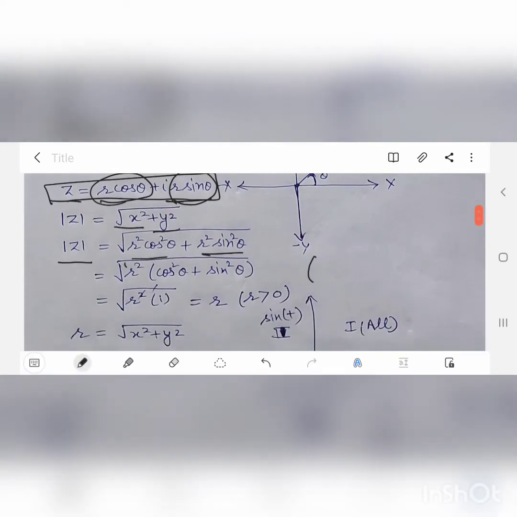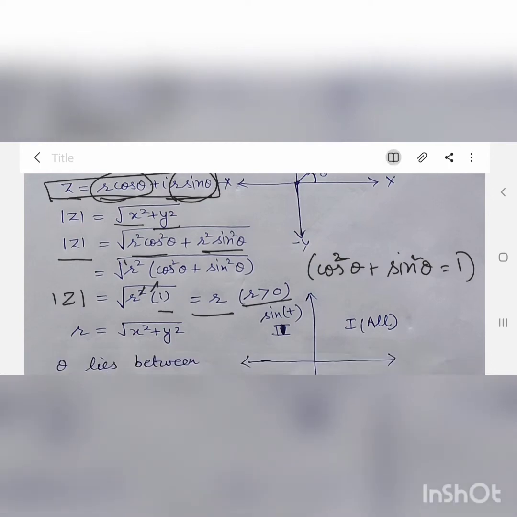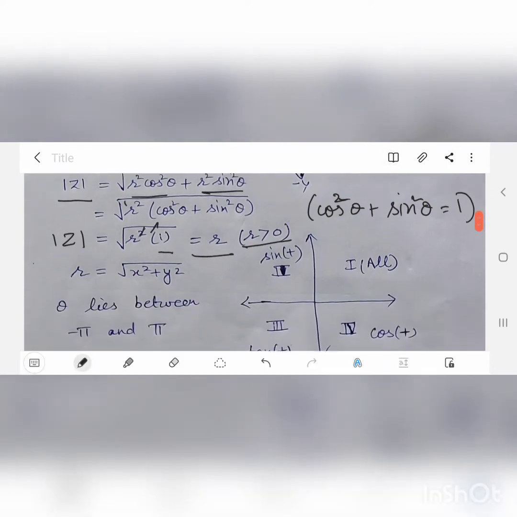We also know that cos square theta plus sin square theta is equal to 1. Then r square into 1, and the square root gives r. The modulus of z takes only the positive value, so r is always greater than 0. Therefore, the modulus of z is equal to r, and r is equal to the square root of x square plus y square.